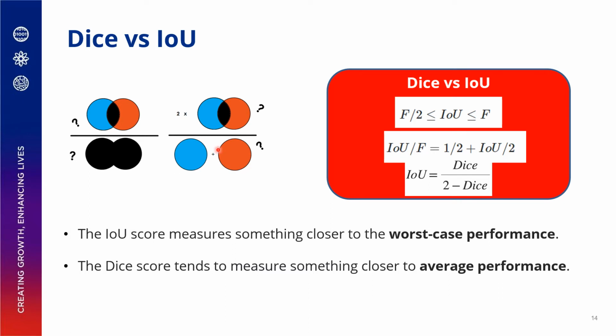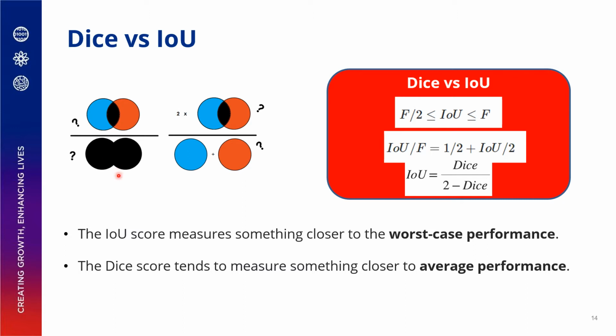The way you avoid that is normally you add a term to the denominator for both dice as well as IOU calculation. If you have handled this kind of numerical instability enough times, intuitively you would think that value would be something like epsilon, 10 to the minus 6 or something, just a very small number so it doesn't impact the true IOU and dice value.